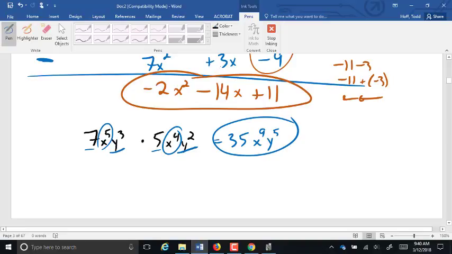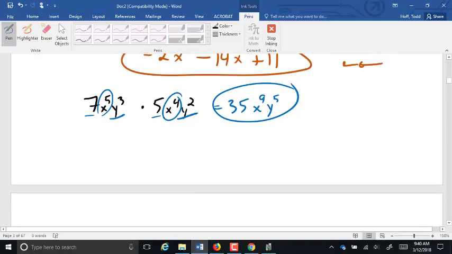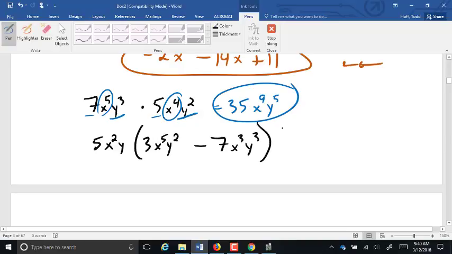We've actually even done quite a bit of the single digit times a double or triple digit. Just like 5x squared y times 3x to the 5th y squared minus 7x to the 3rd y to the 3rd. Where we'd multiply 5x squared y times 3x to the 5th y squared.